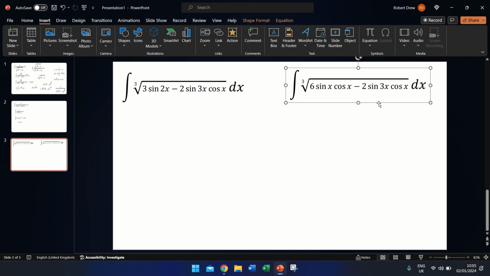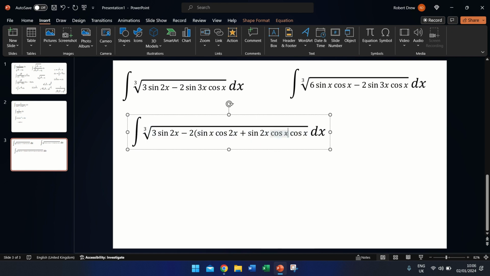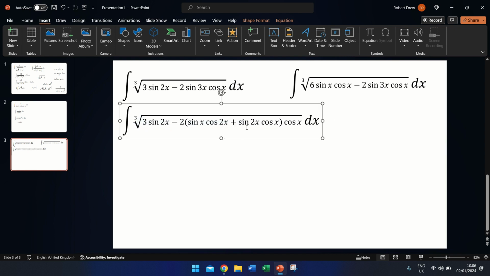Let's leave this here for a second and remember that we could theoretically factorize out cos x if we wanted to. Now sine 3x is sine x, if I put this in brackets, sine x cos 2x plus sine 2x cos x, just using sine a plus b.